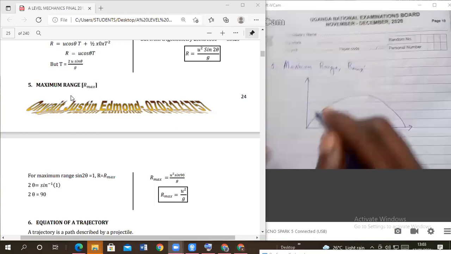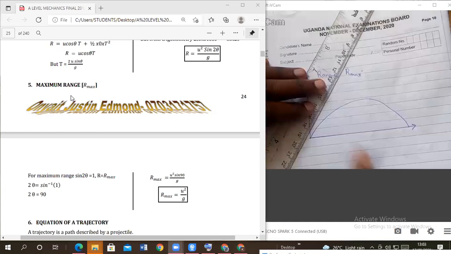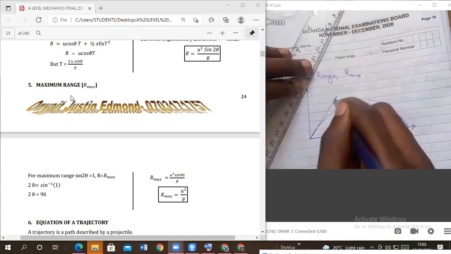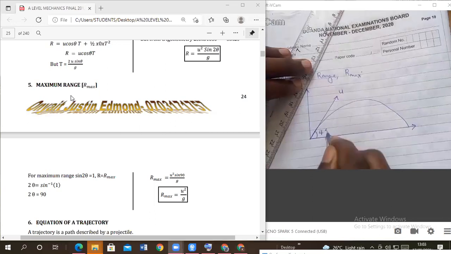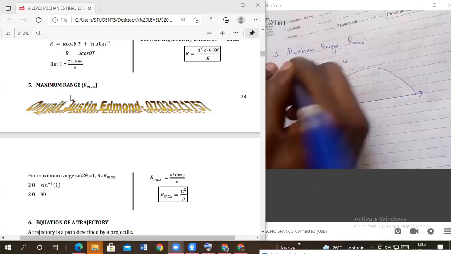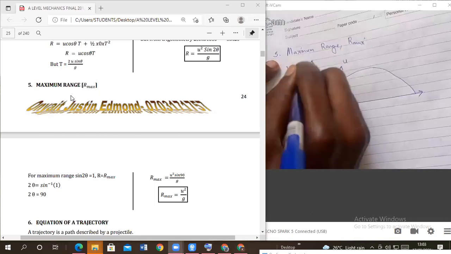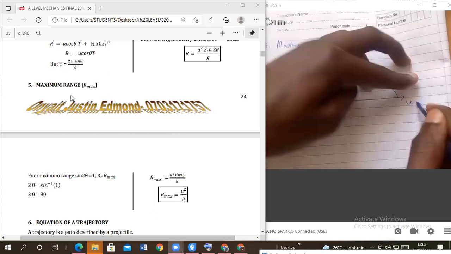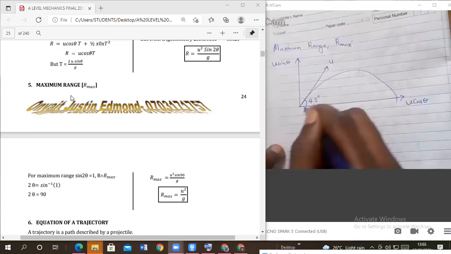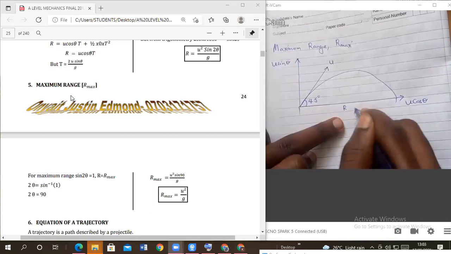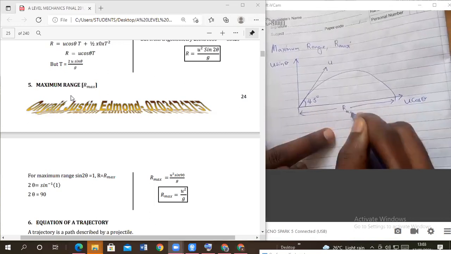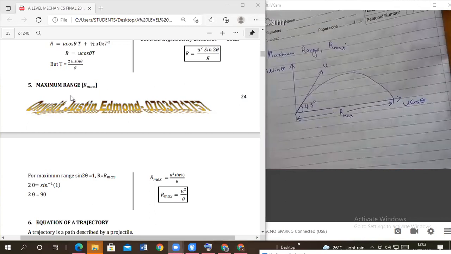So the body must be projected at a speed u, and this angle must be 45 degrees. This is our u sin theta, this is our u cos theta. The distance here is what we refer to as range, then this one will be R max. Members, have you seen that?